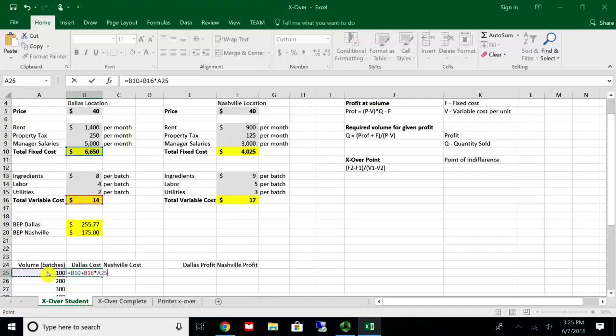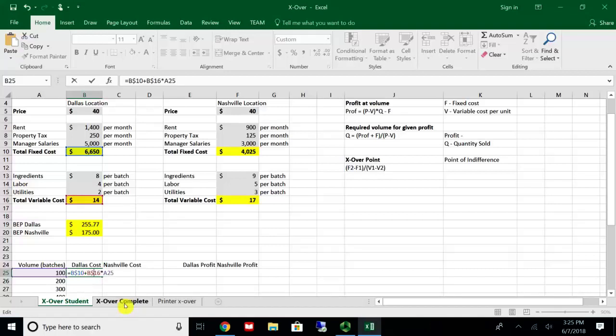the number of batches. And I'm going to copy this formula down, so we have to remember this absolute and relative referencing, because I've got my fixed cost here from B10. When I copy that down, I don't want that 10 to move. So I'm going to put the little dollar sign in front of that. And I've got my variable costs in B16. I want to put my little dollar sign.